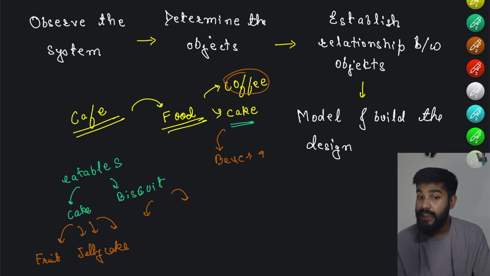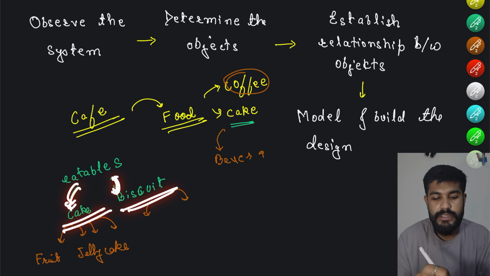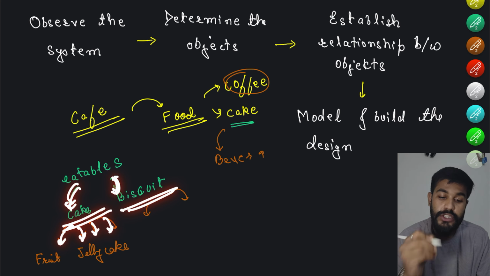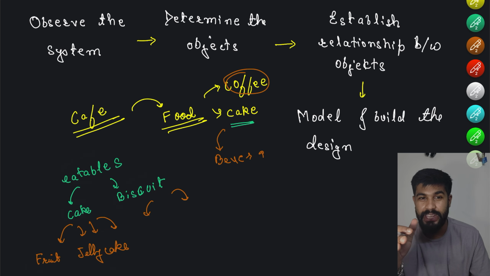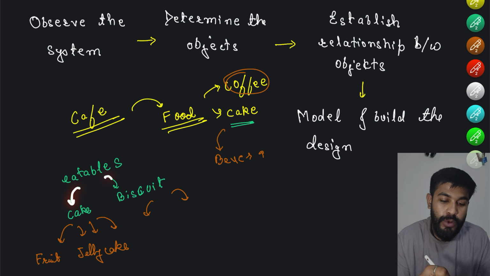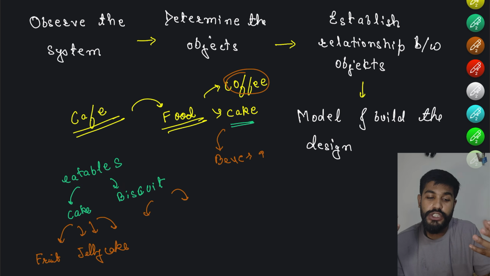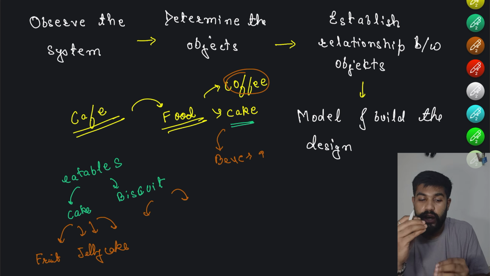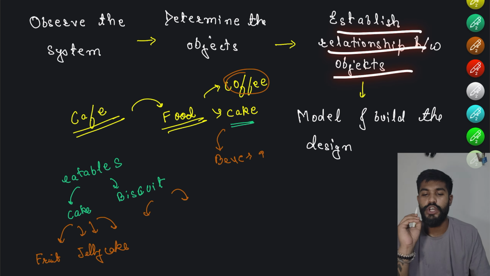Then after we have determined the objects, cake and biscuits would inherit from eatables, and different types of cakes would be there. Determining the objects was all these things, that these objects should exist. But what should inherit what, what should relate to what, what different types of relationship we want, all this is known as establishing a relationship between the objects.